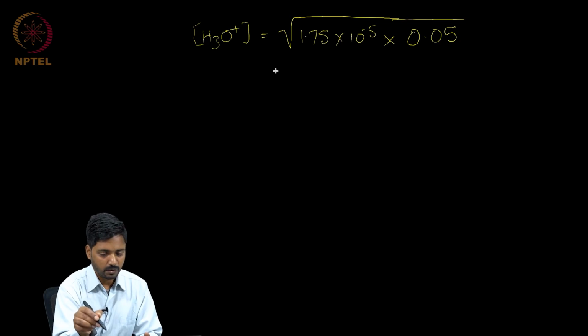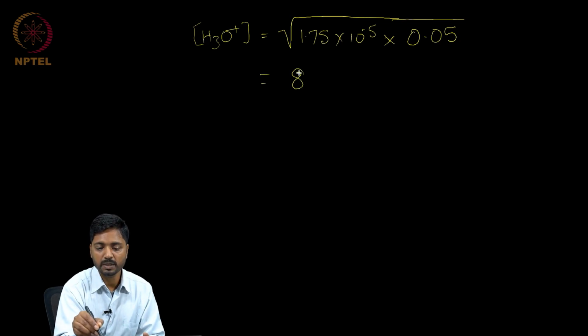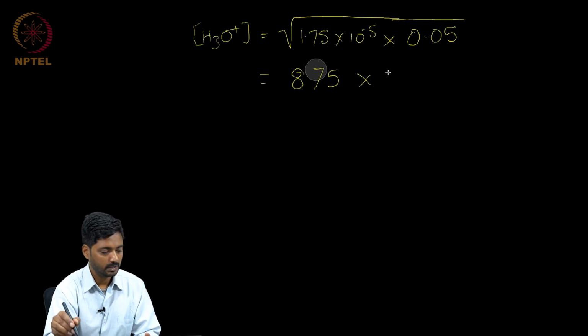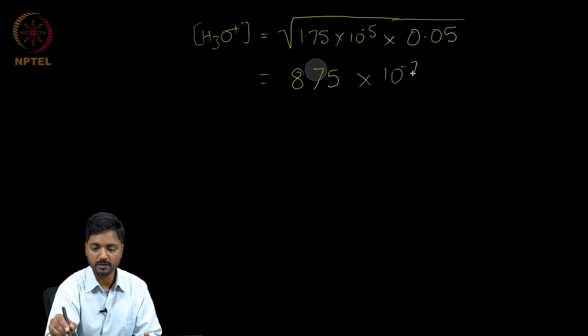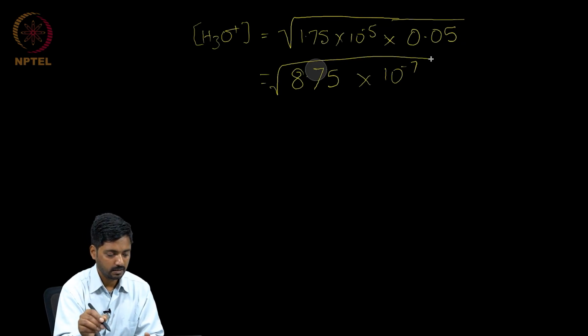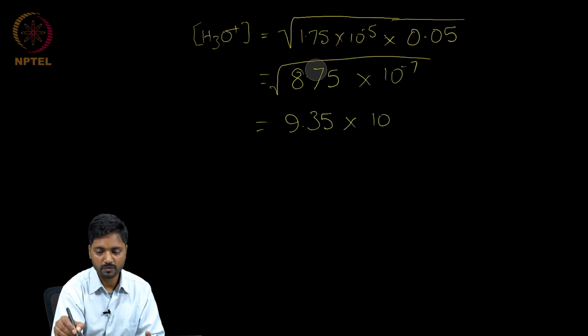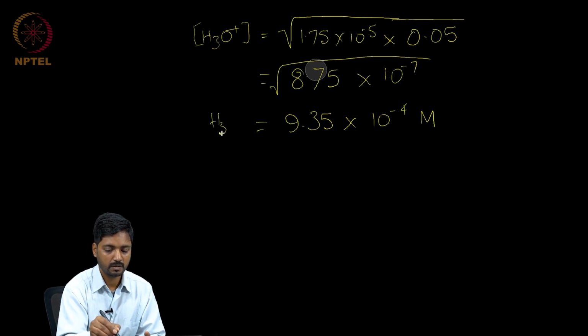When we solve this out, this turns out to be the square root of 8.75 times 10 to the power of minus 7, and this ultimately solves out to be 9.35 times 10 to the power of minus 4 molar hydronium ion concentration.